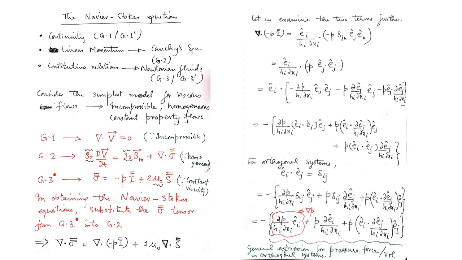So the del operator is written and the dot product in between, and the identity tensor is simply written as delta jk ej cap ek cap dyads. So delta jk is the Kronecker delta, and notice that there are some repeating indices here, j and k. So all these are repeating indices, so summation is implied. Just to remind you, though I don't need to do it again and again, I have been stressing this for some lectures now.